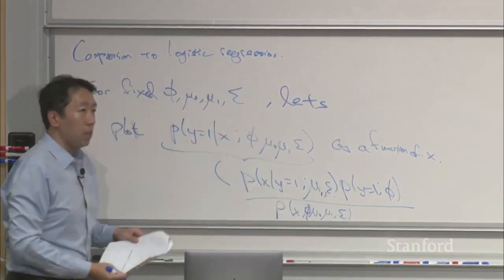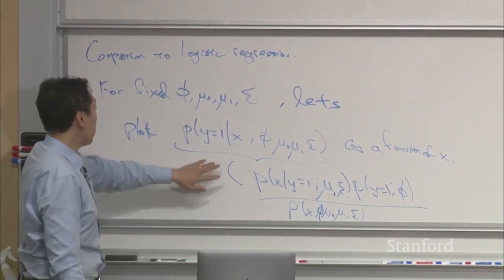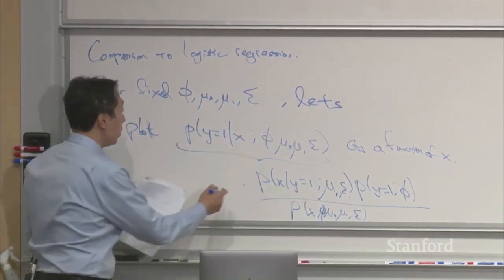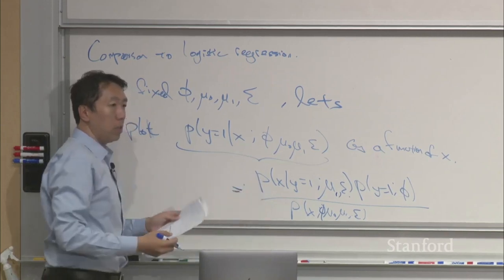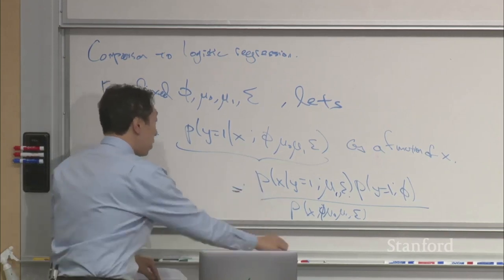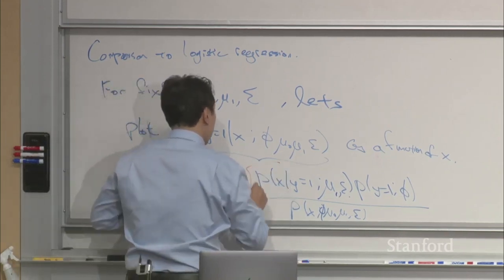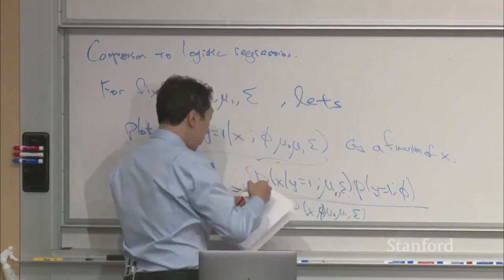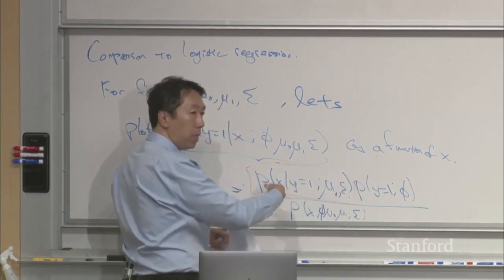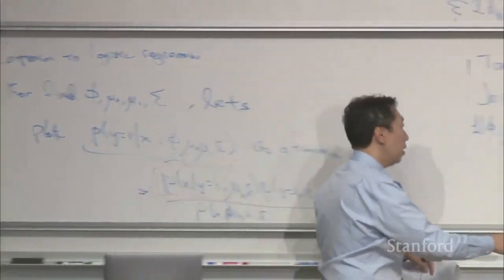So by Bayes' rule, this formula is equal to this. And just as we saw earlier, once you have fixed all the parameters, that's just a number you compute by evaluating the Gaussian density.